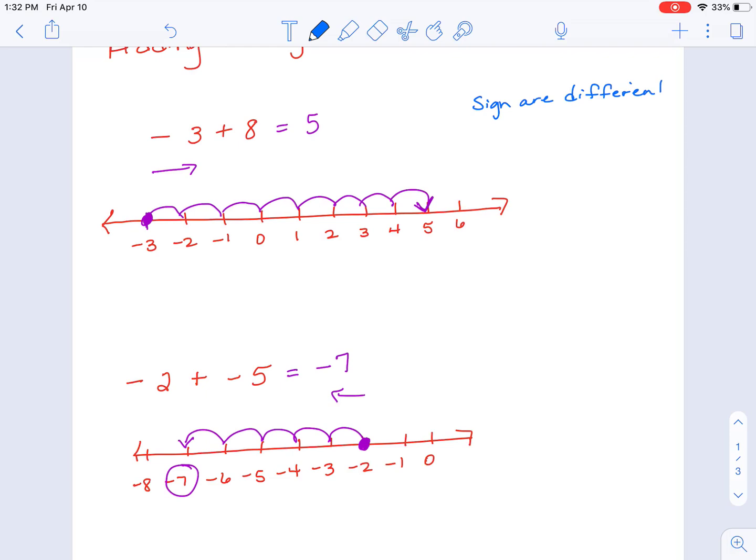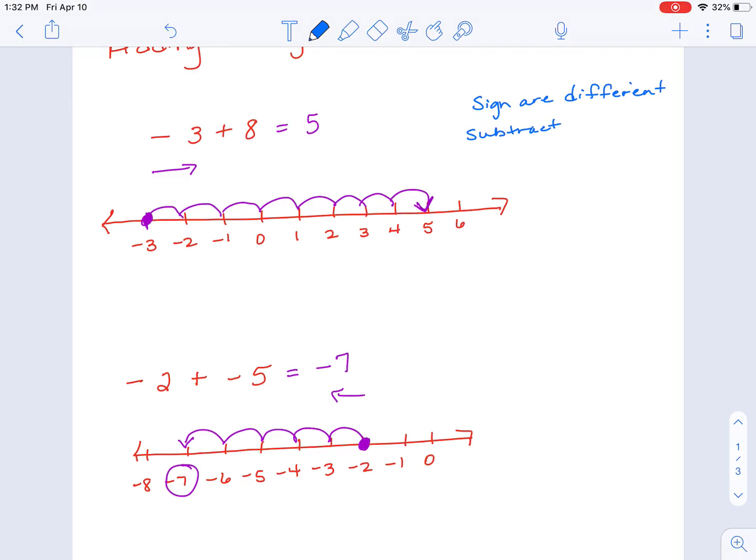And in this problem, the signs were different. I had a negative 3 and I had a positive 8. That's what I mean by the signs are different. One sign is a negative, one sign is a positive. So what do you do when the signs are different? You subtract. Well, 8 minus 3 is 5, isn't it?